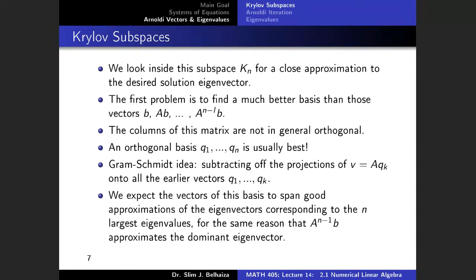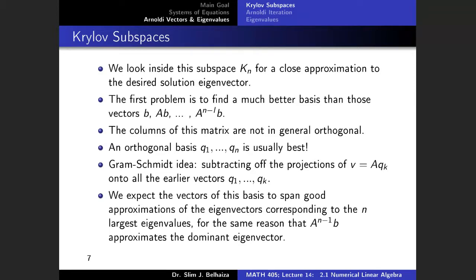What we call the q1 to qn vectors is based on the Gram-Schmidt idea that you can subtract out the projections of A q_k onto all the earlier vectors q. So at every iteration, we're going to subtract from A times q_k.